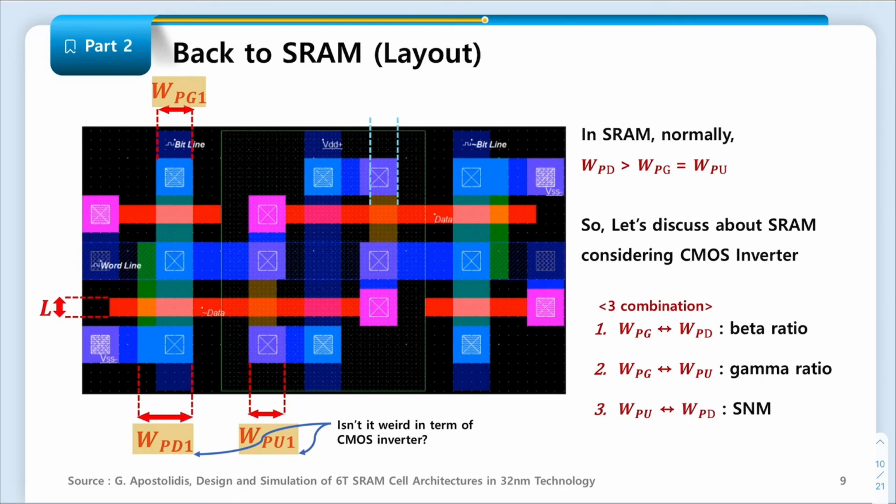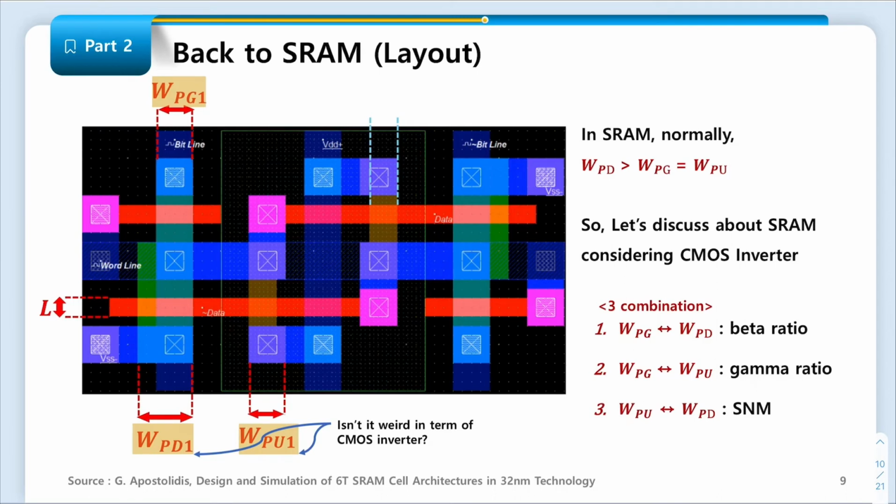I mean, obviously, we made the conclusion of part 1 that the width of the pull-up transistor must be larger than the pull-down transistor to make a large margin in the conventional CMOS inverter. So we're gonna discuss how SRAM device controls its margin.